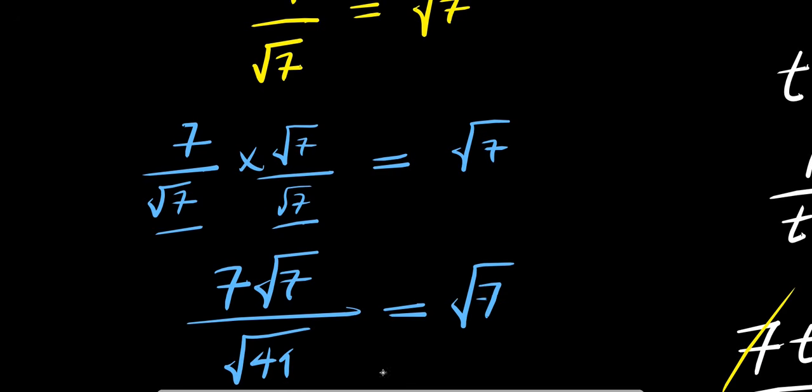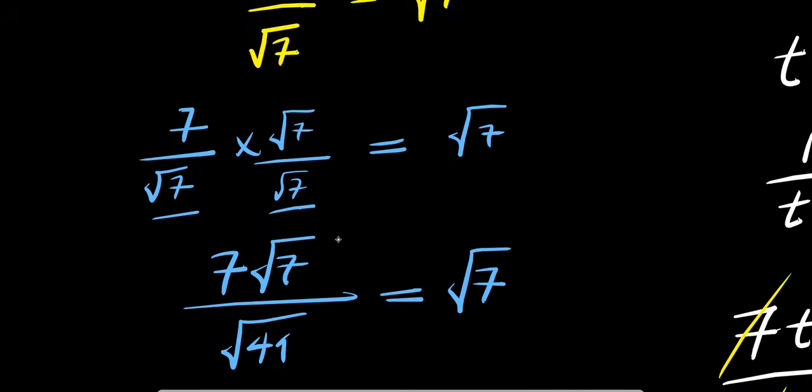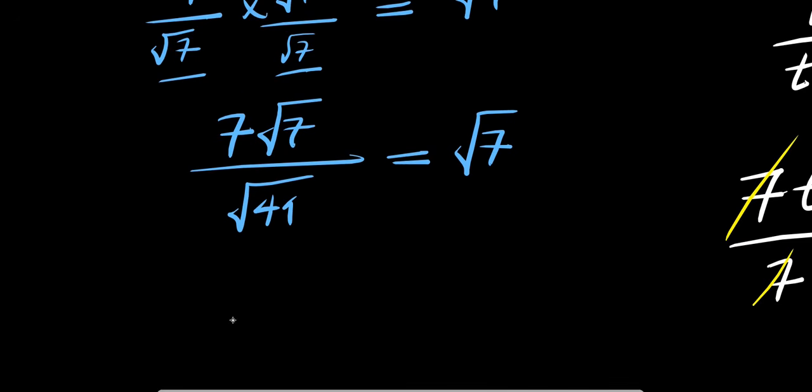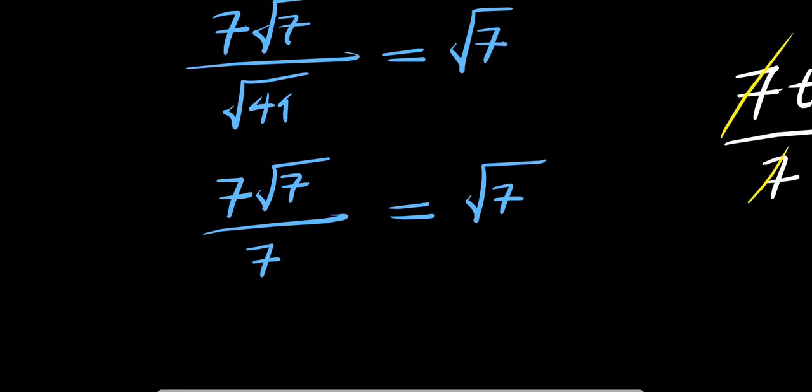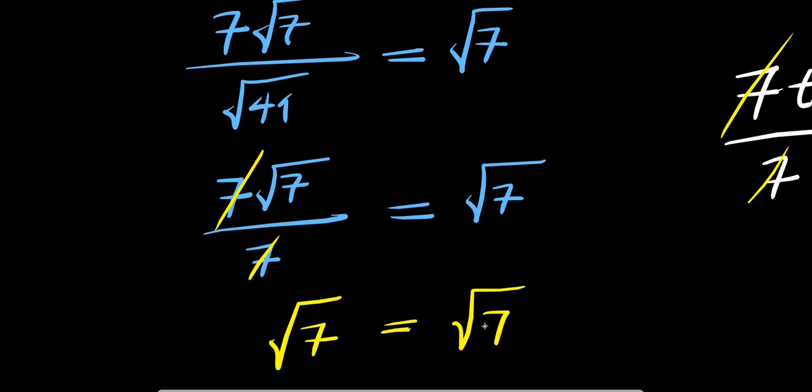From here we have 7 root 7 divided by root 49, which is 7. From here this cancels this. We have square root of 7 equals square root of 7. Left hand side equals right hand side.